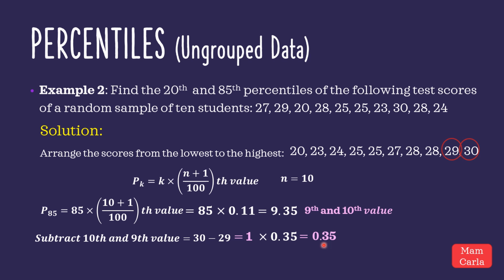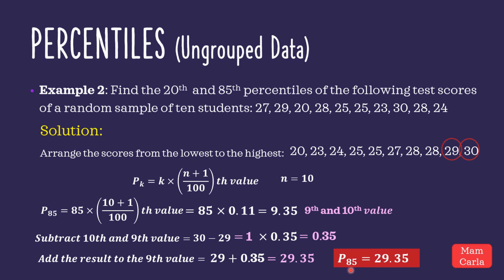And then it will give us the result of 0.35. Now we're going to add the result to the ninth value, and the ninth value is 29. So 29 plus 0.35 will give us 29.35. So it means that the 85th percentile is 29.35.